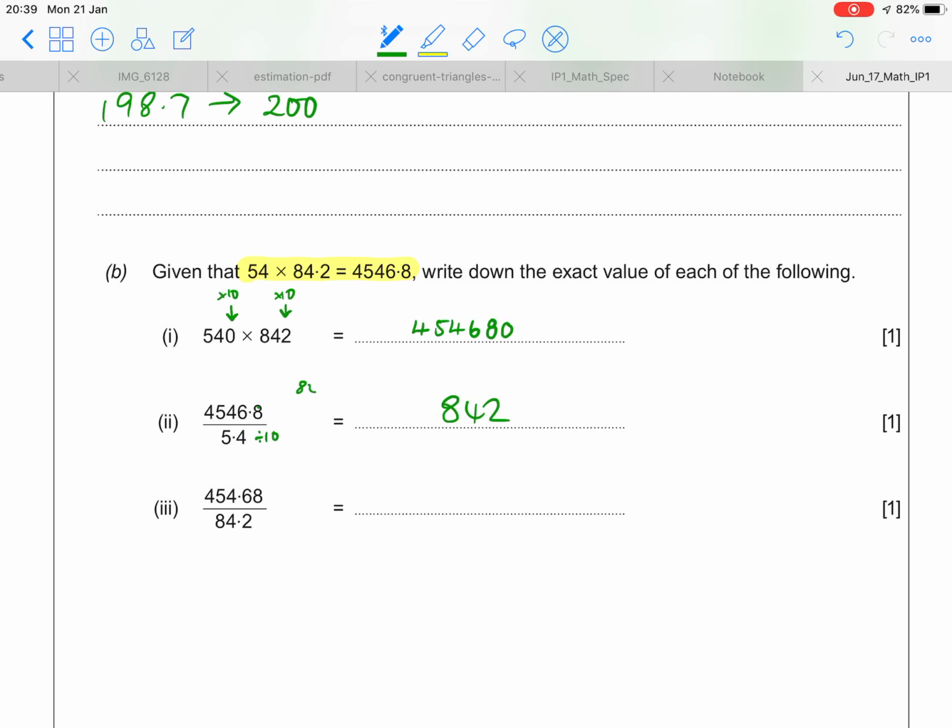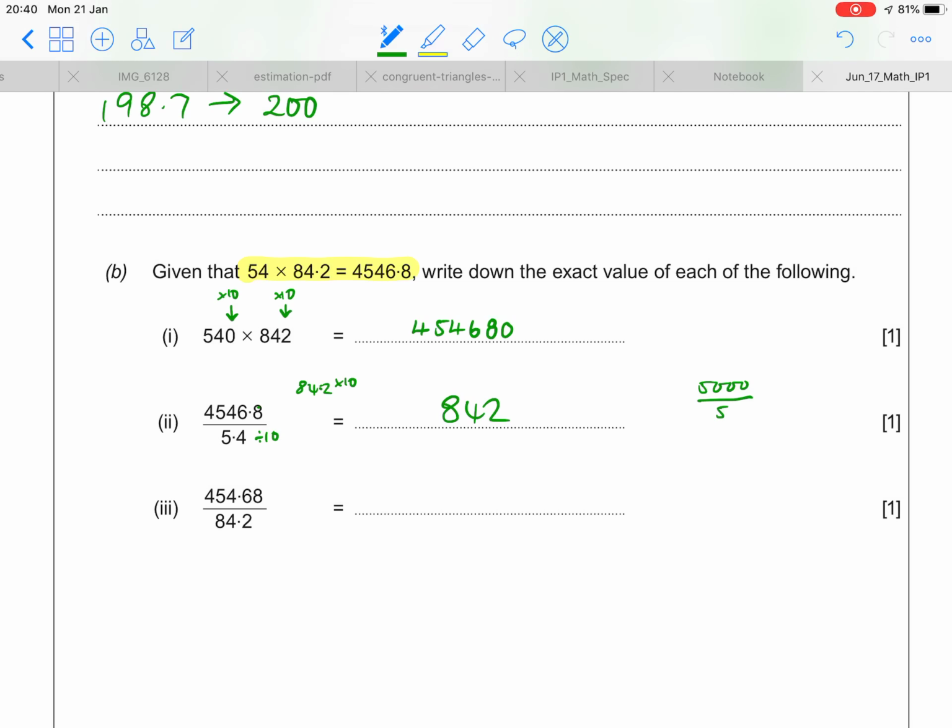So that 84.2 would be made 10 times bigger. So it wouldn't be 84.2, it'd be 842. If you think about it logically and used rounding to help, this would be the same as having 5,000 divided by a 5, which is going to be around about 1,000, so 842 is pretty close.